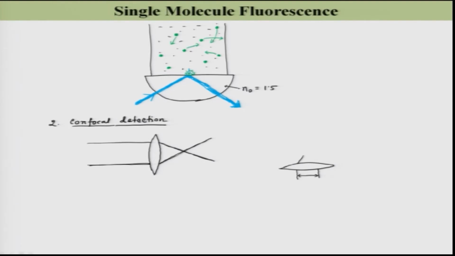So, anyway, this is going to focus, right. So, if the color of this laser is, let us say, blue, so this part is blue, and here is your blue, right, and here is your blue, right? That is the light, right?